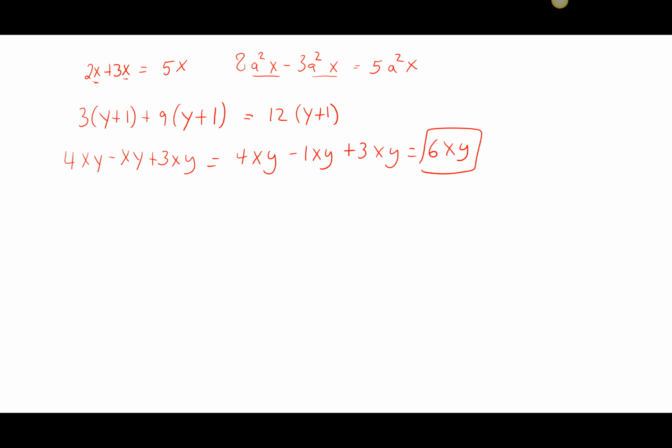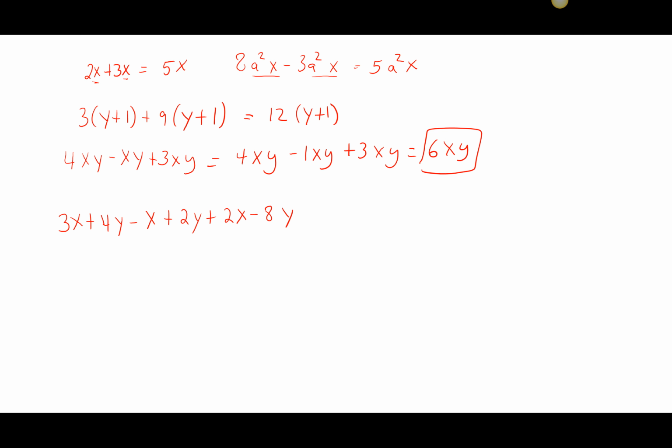Okay? Now what do you do if you need to simplify a series of terms being added or subtracted? So what if you had some terms that were not alike and you had to add or subtract them? So what if you had this? 3x plus 4y minus x plus 2y plus 2x minus 8y.